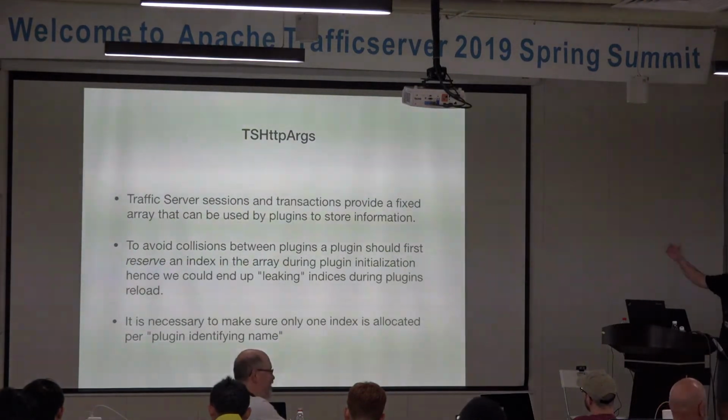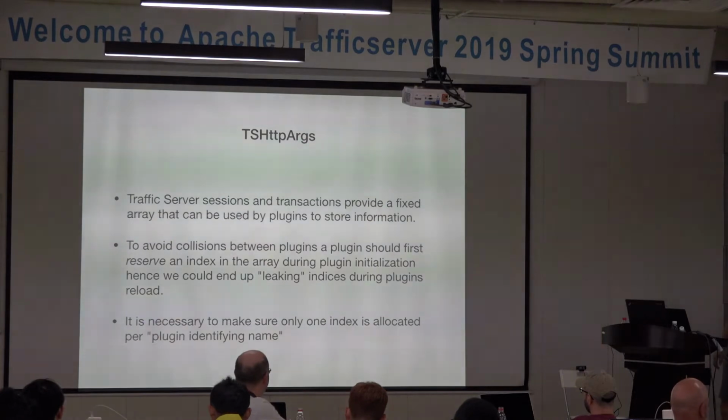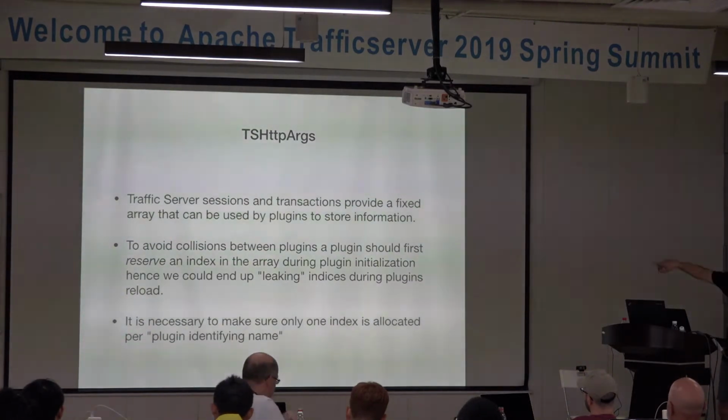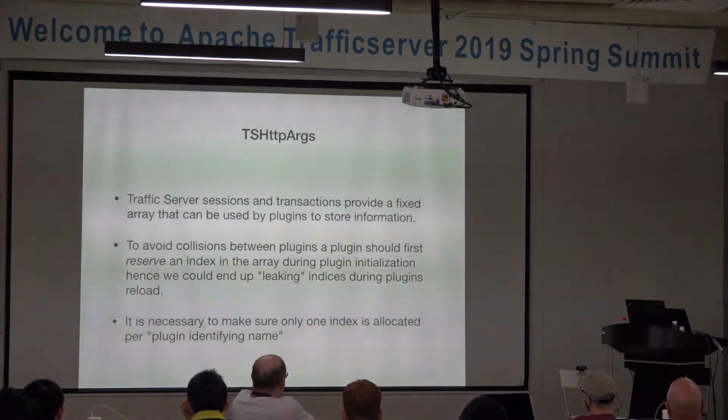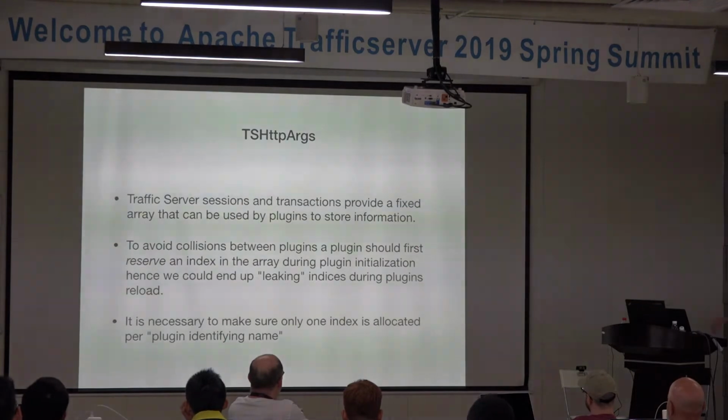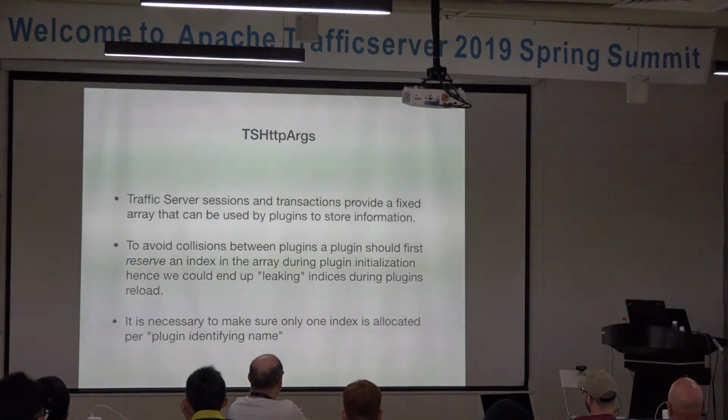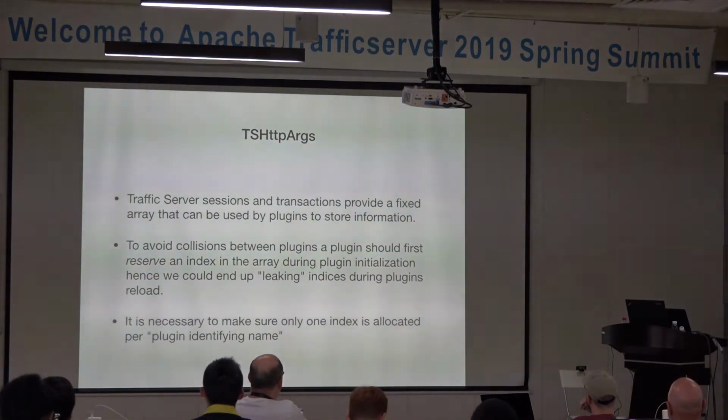So one detail that Leif pointed me to when I started working is that we use this magic here, the HTTP args. It's an array that provides a way for plugins to store information.